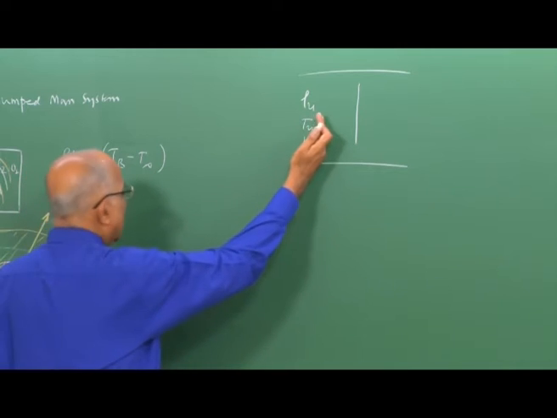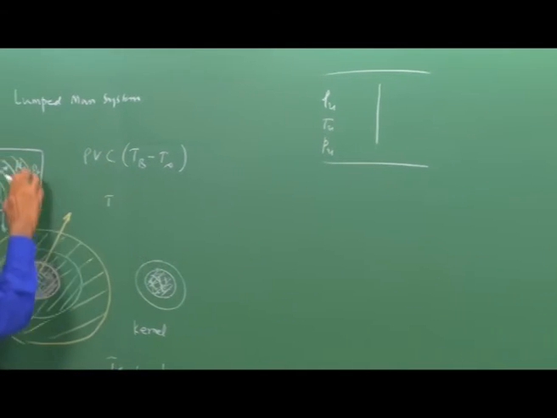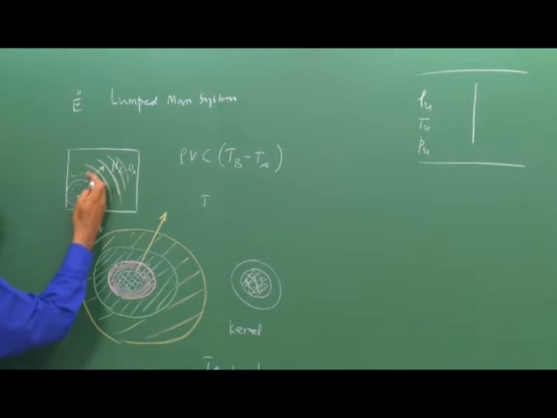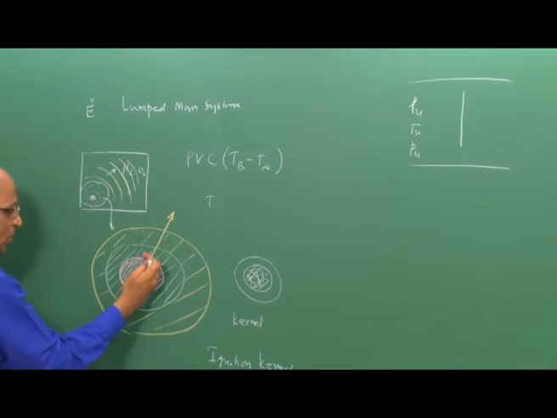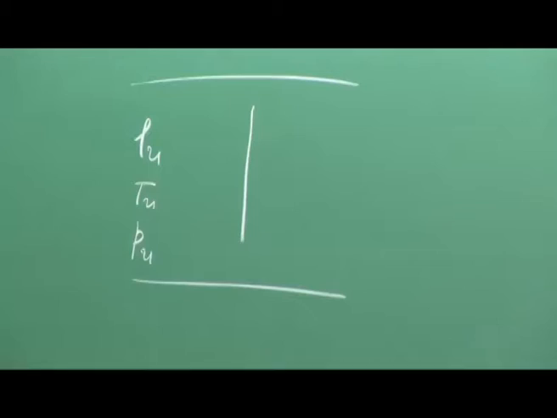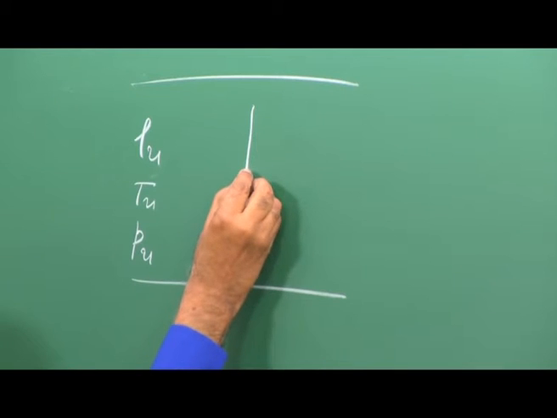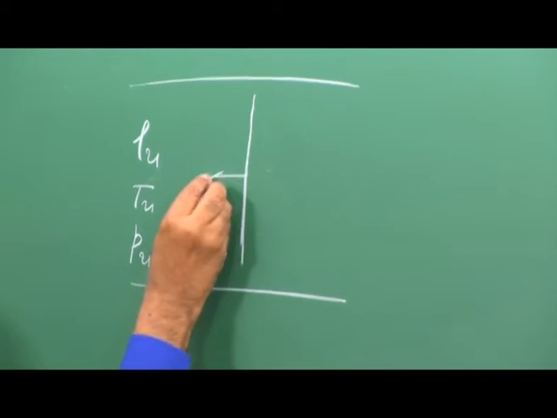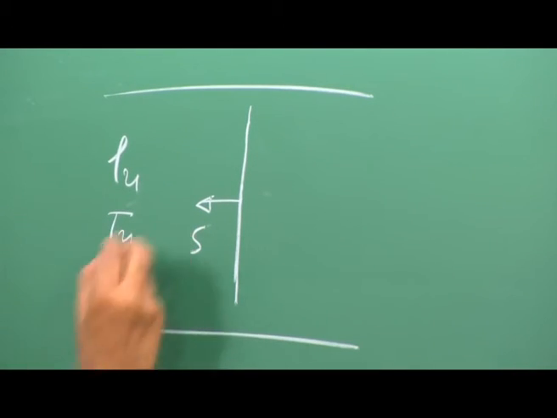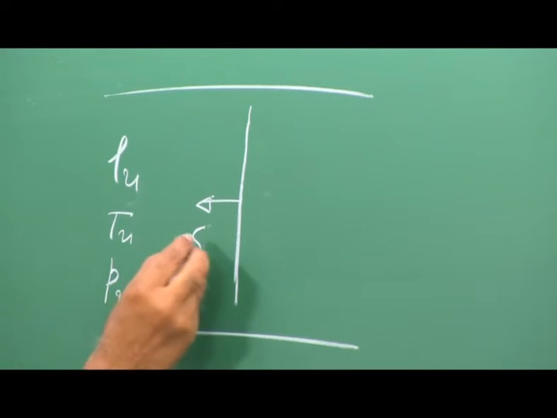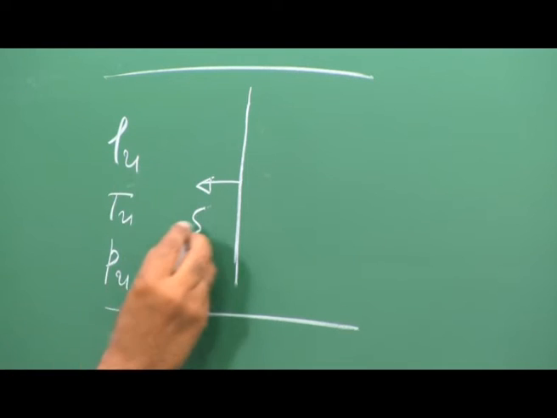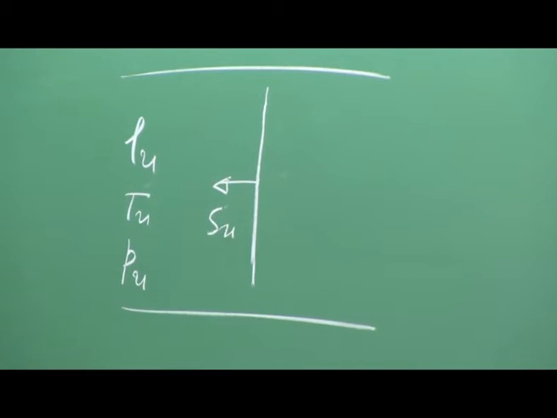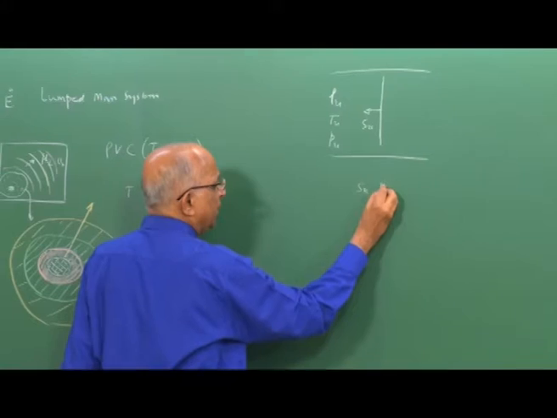Into this unburned gas mixture, a combustion wave, or zone of reaction, propagates. Let this zone of combustion, which I now say is planar, propagate at a speed s meters per second into the unburned gases, so I can as well say it propagates at a speed Su meters per second.